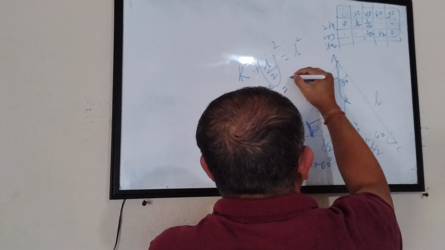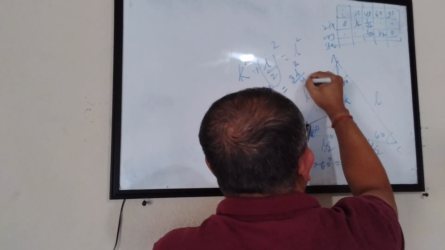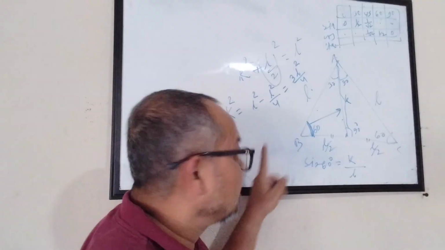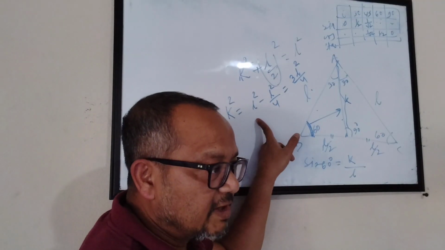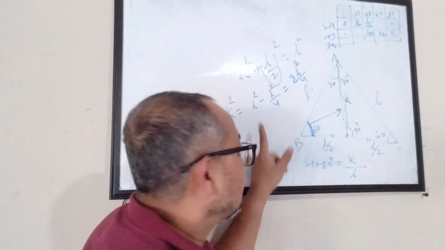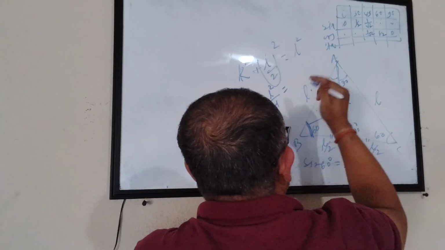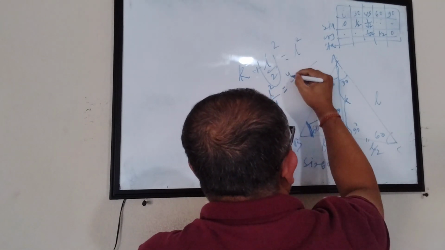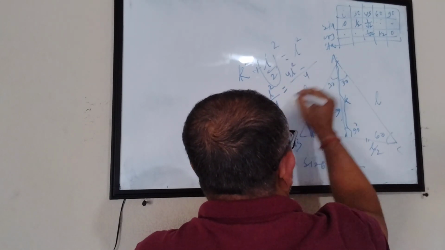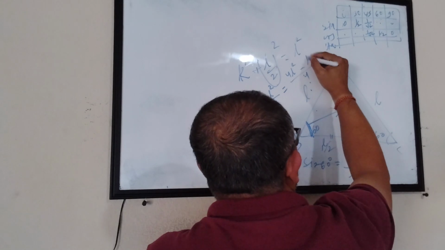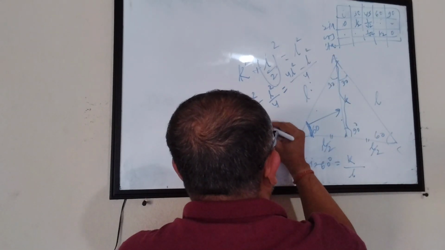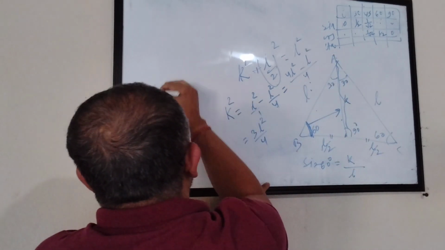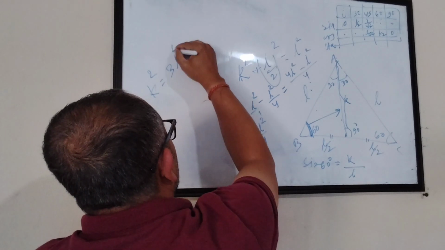And then this becomes 3L squared by 4. If you want me to do that step by step, I can. I will take LCM as 4. This becomes L squared minus L squared by 4, so this becomes 3L squared by 4. So K squared equals 3L squared by 4.